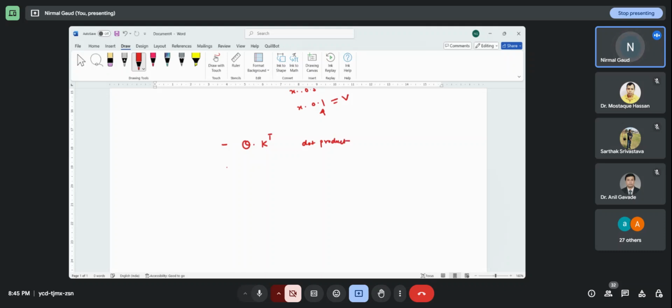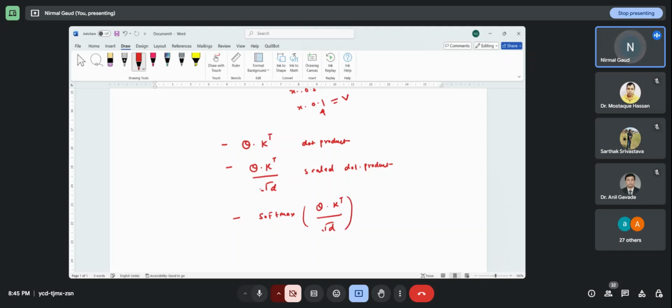Then you have to scale this dot product. This is called scaled dot product. We have to perform the scaling, and then you have to take the softmax. This is an activation function. That is what you have to do.